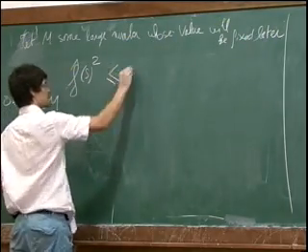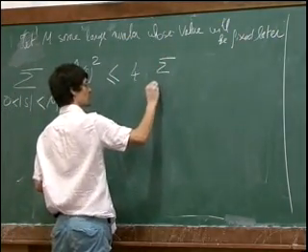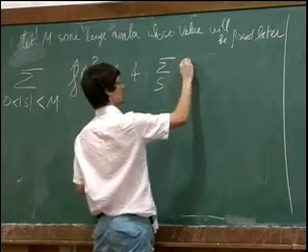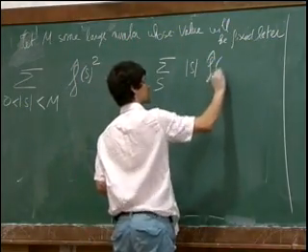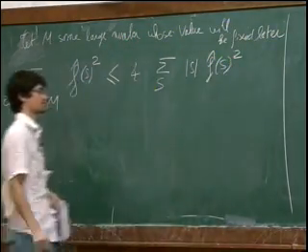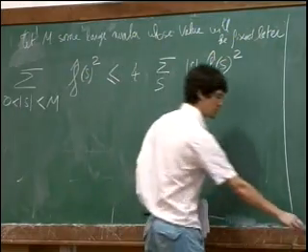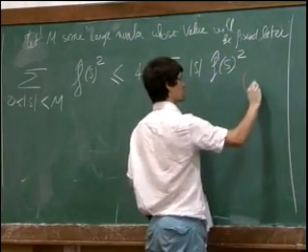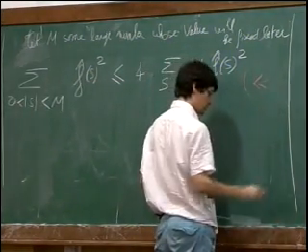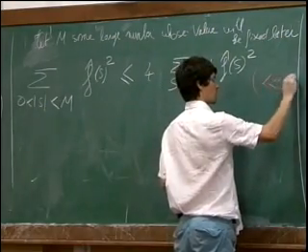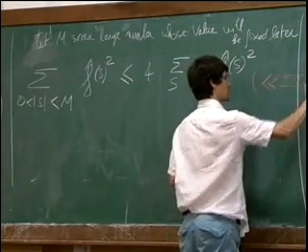So this is less than 4 times the sum of the frequencies of this. So now we know from the heuristics that we'd like this to be much smaller than the sum of the influences.